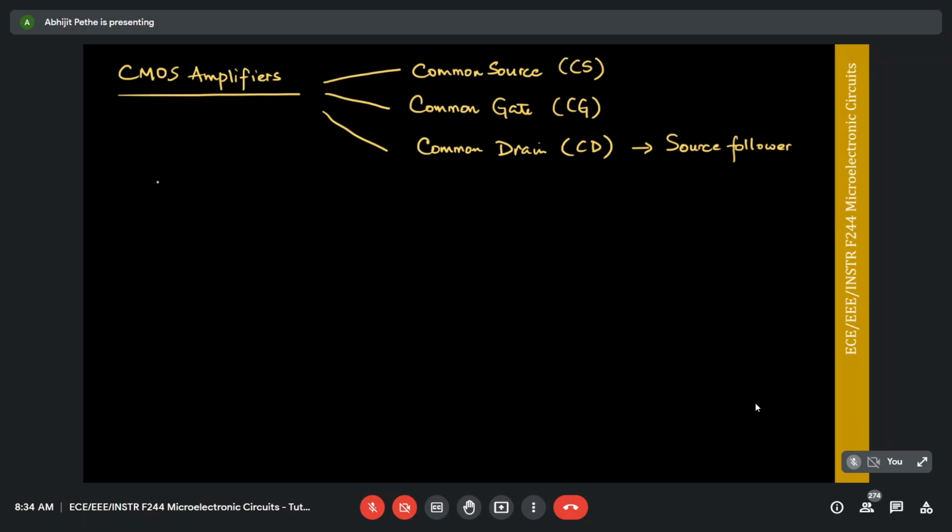So before we begin, let's look at the key design parameters normally considered when you design an amplifier. As I said, we're going to focus on amplifiers in this class.